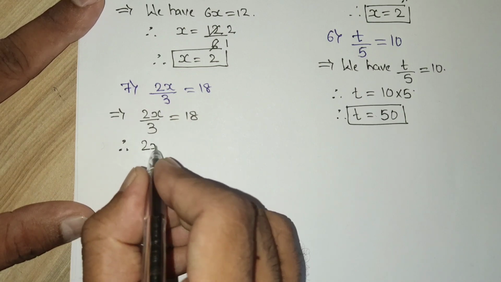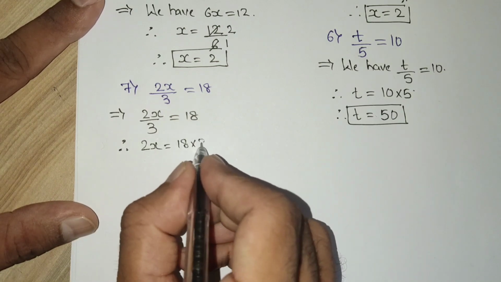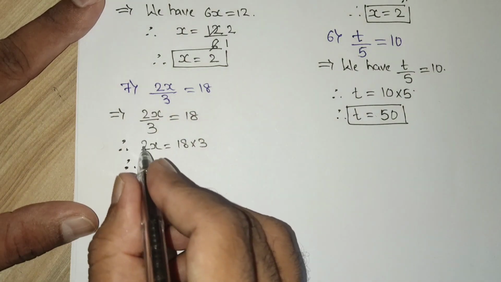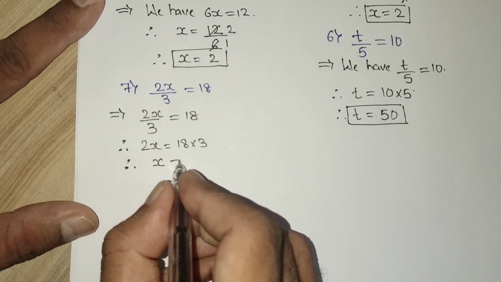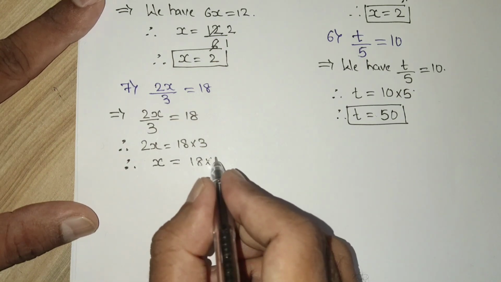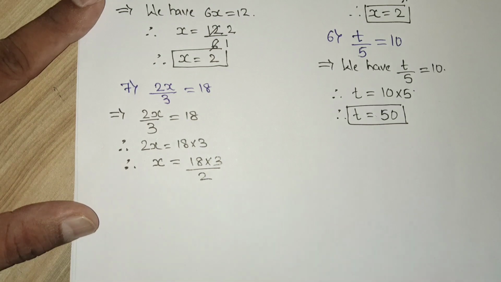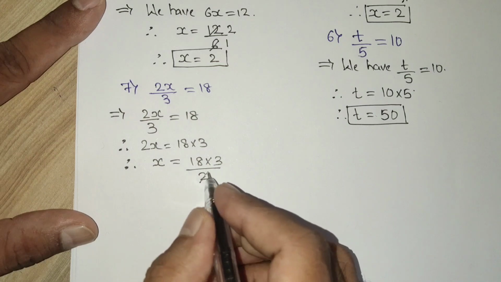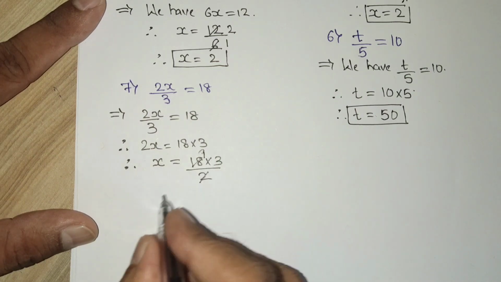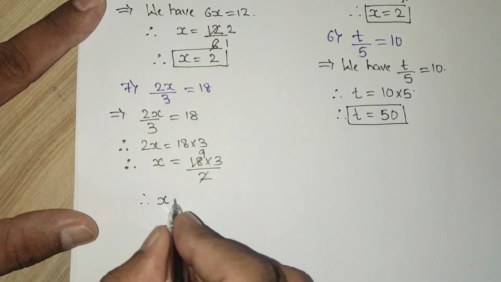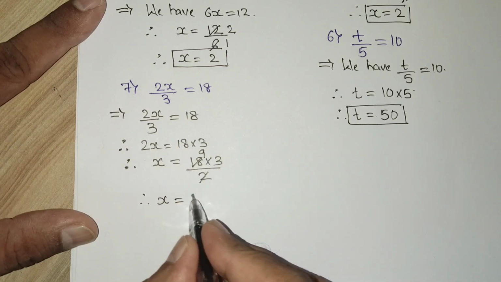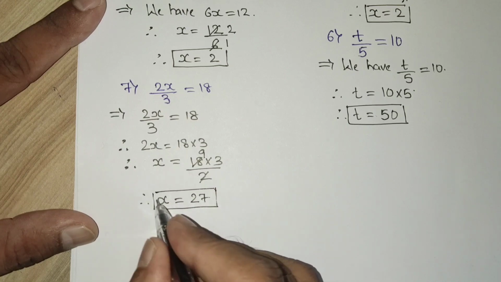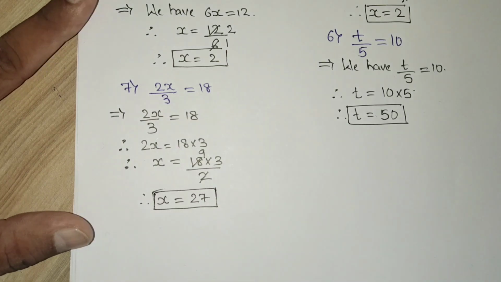It will go there and it will multiply with 18. Then is the turn of 2, which is in multiplication with x. It will go that side and it will divide with 18 into 3. Now 2 1s, 2 9s. Therefore, x is equal to 9 3s 27. This is your answer. x is equal to 27.